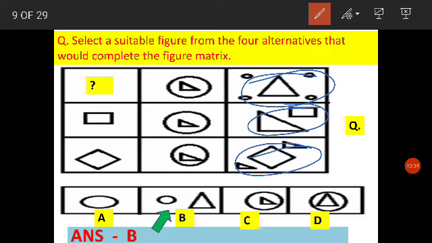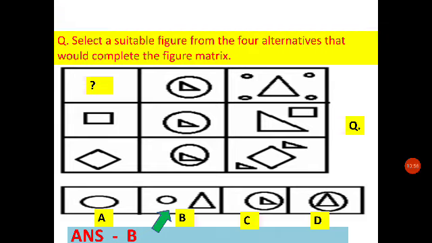So the triangle is the base, so this becomes our base figure, and it has a dot also. So this actually fits in the best. These two don't fit in, because the figures are inside each other. So this is how I analyze, and you can also analyze in similar ways, or you can find some better ways.